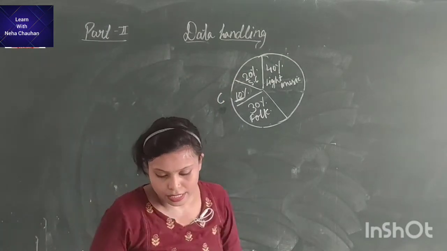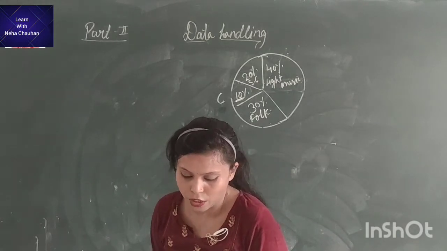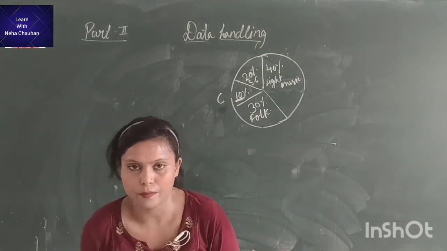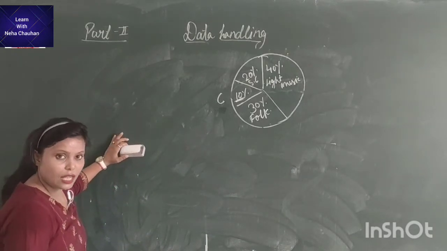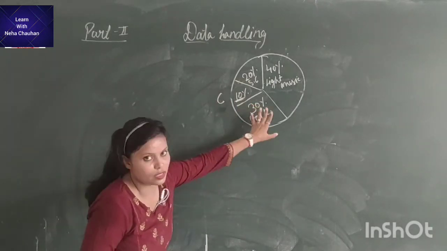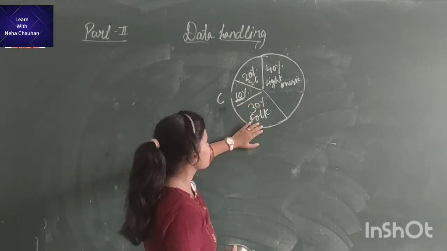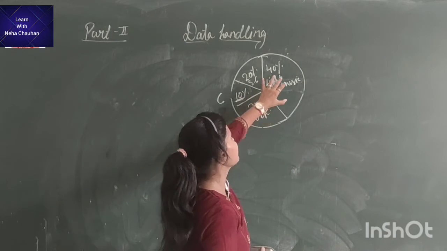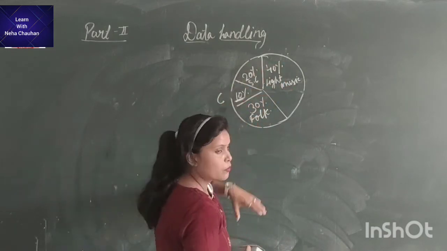Question number 3 says, if a cassette company were to make 1000 CDs, how many of each type would they make? A company wants to make 1000 CDs and distribute them according to this pie chart. So we need to find how many CDs 30% will take, how many CDs 40% will take, and how many CDs 20% will take.